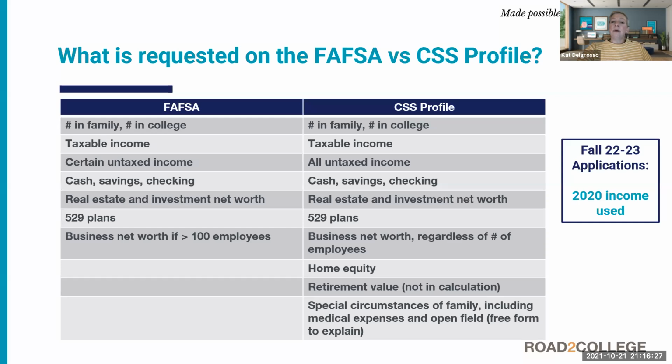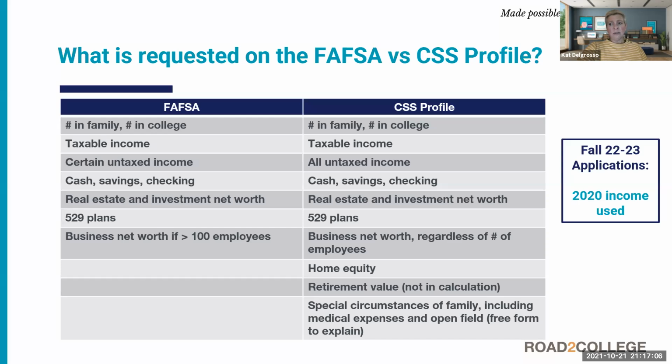One of the things in that bucket is if you have a 401k, 403b, 414h, or IRAs, anything where you've put money back in the tax year of 2020, because that's the year that's going to be used. If you look all the way on the right, 2020 income is used for the next fall's application. So any money that you put back that calendar year is going to count as income in the calculation. And the same thing goes for the FAFSA.